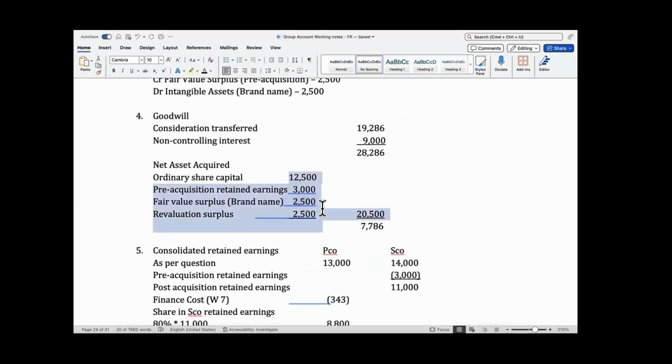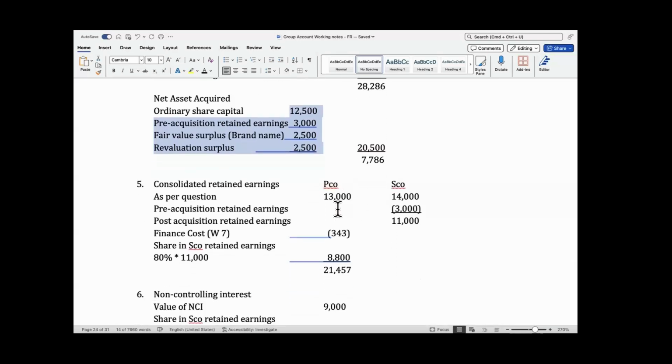Can you go through this one again? Are we subtracting 20 from 28,286? Yes. That's 7,786. That's correct. Why is it the 100 naira?